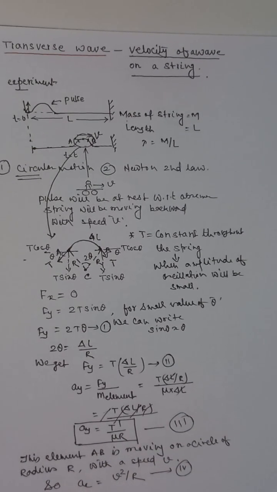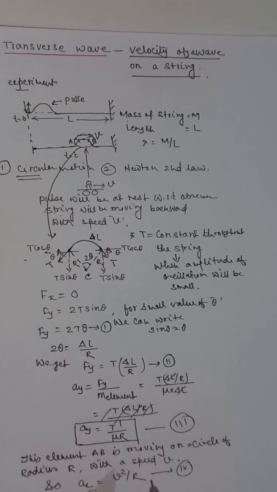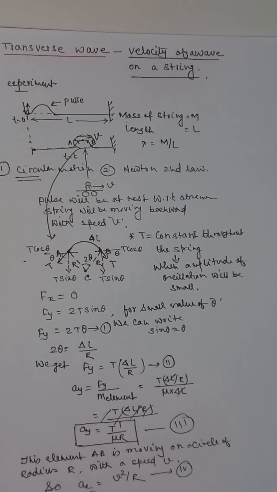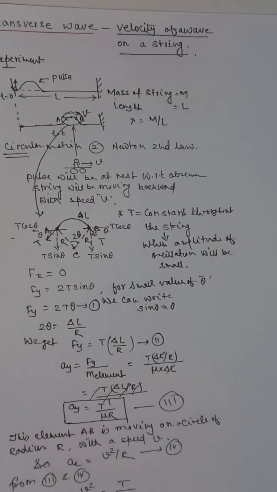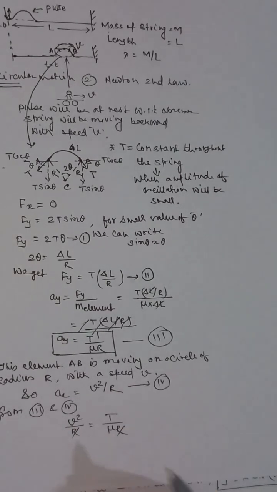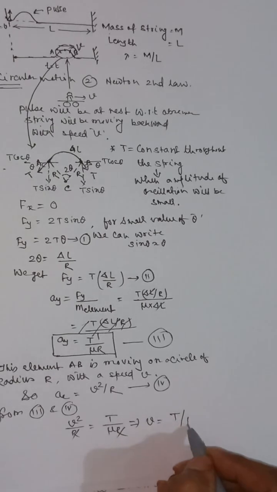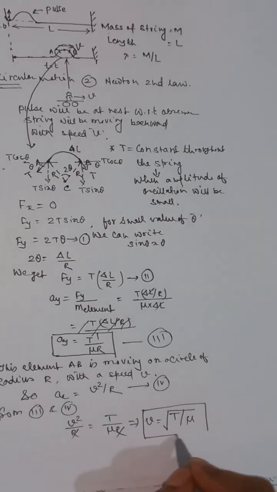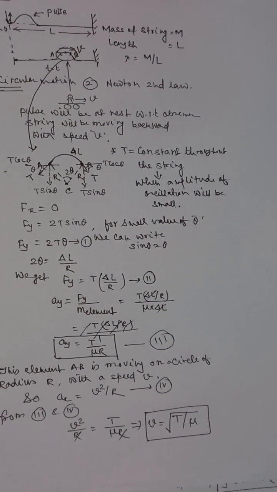So from 3 and 4 we have v square by r is equal to T divided by mu r. R will get cancelled out, so we get v is equal to square root of T by mu. So we got the expression for the velocity of the wave on a string.